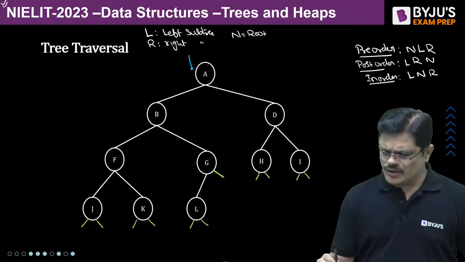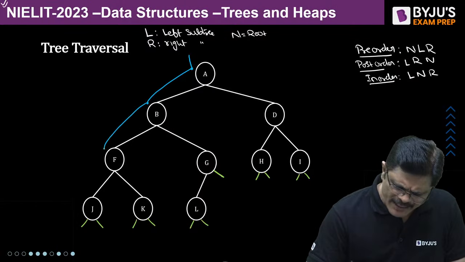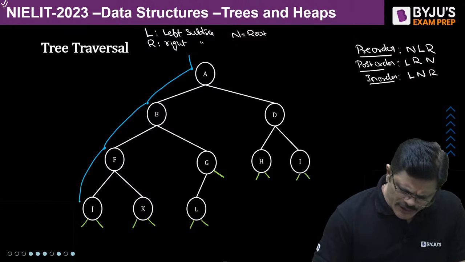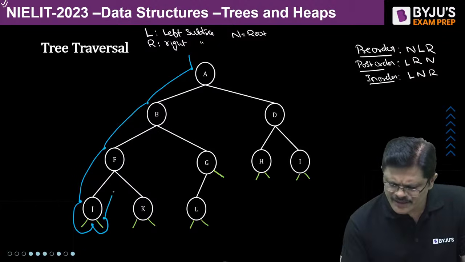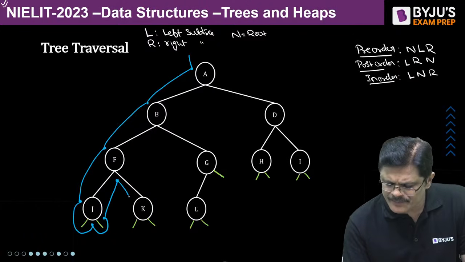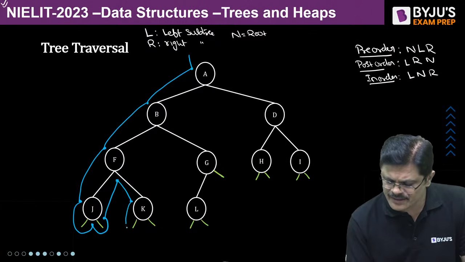So I just start traversing like this. You see every node I visit 3 times: left, middle, right. This one is already visited on the left, now middle, right will come later. Then this node, left, middle, right.